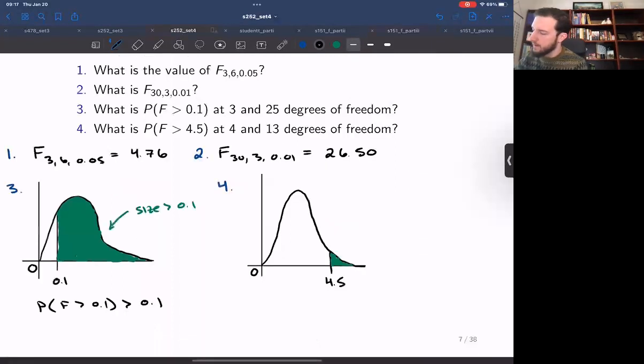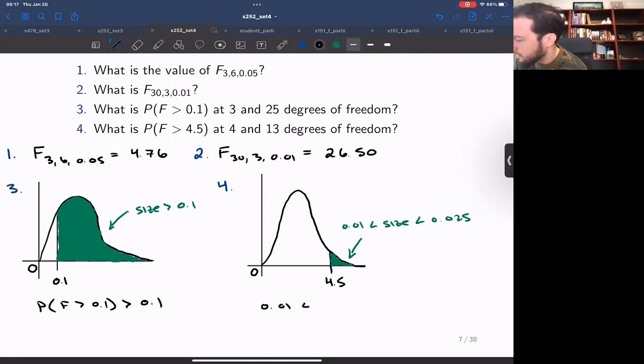So here we would say this thing here is a size that is in between 0.01 and 0.025. Therefore, 0.01 is less than the probability that F is greater than 4.5, which is less than 0.025.